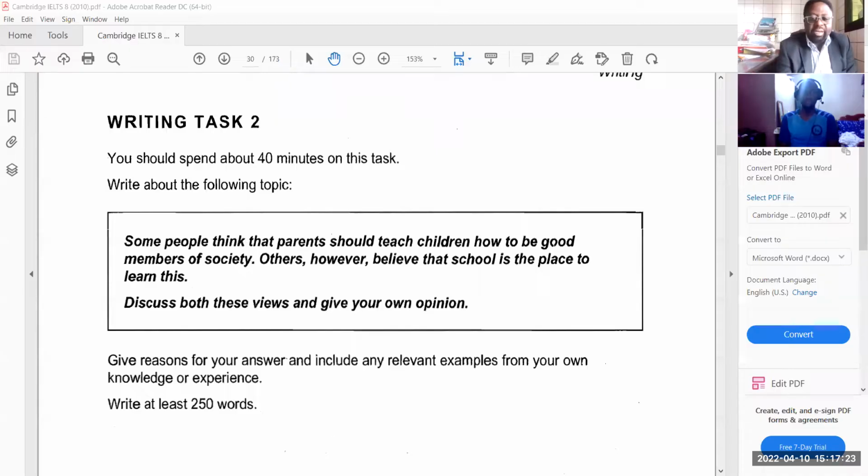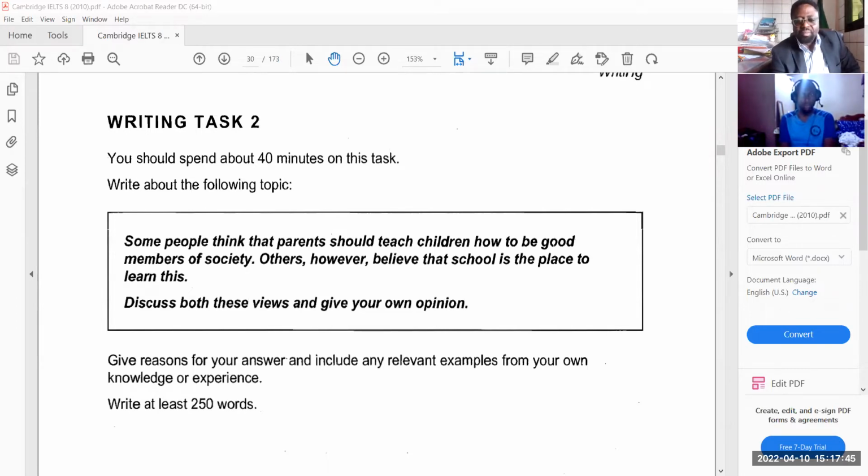So read that topic. Some people think that parents should teach children how to be good members of society. Others, however, believe that school is the place to learn this. Discuss both these views and give your own opinion.